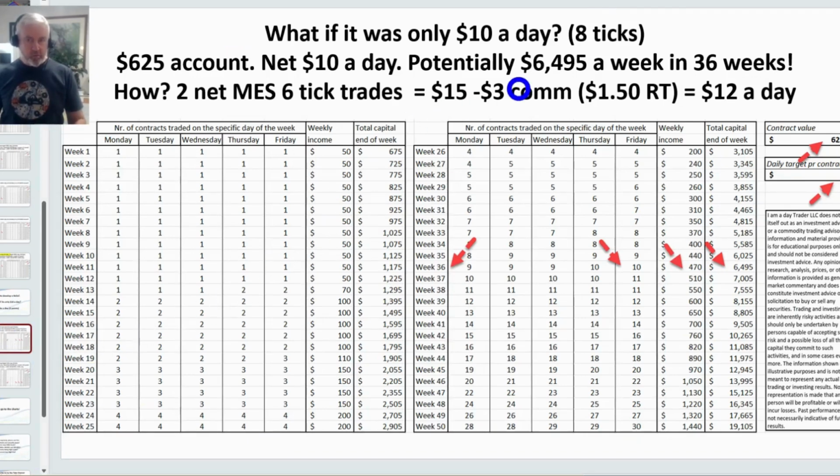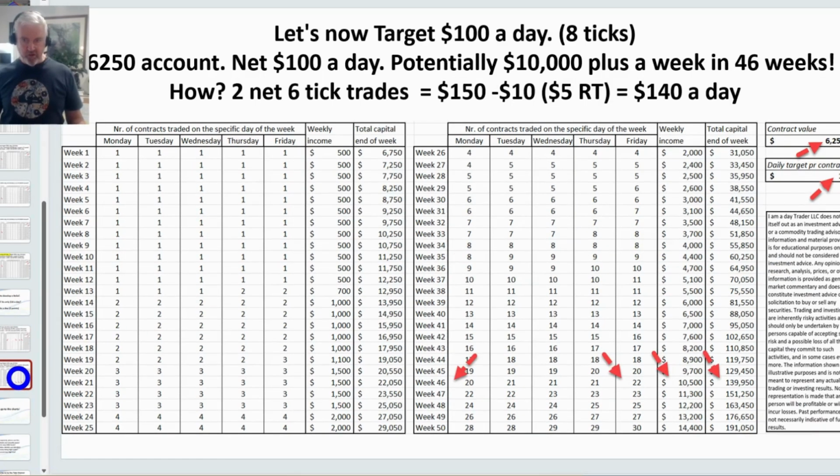Now if you started with just $10 a day using my compound program that I showed you, that is, you start trading an extra contract every time you double your money, within 36 weeks you've now got up to your $6,000, and you can now roll over and start trading the big contract within another 46 weeks after that.